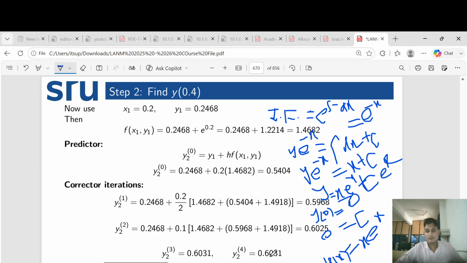So if you put the value x is equal to 0.2, this is 0.2 e to the power 0.2.